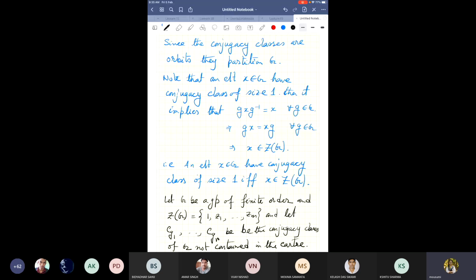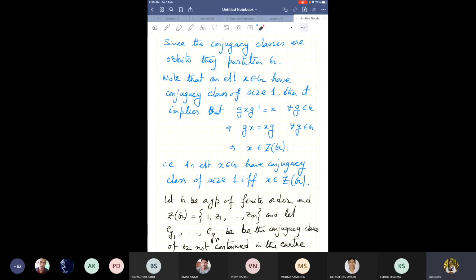That means these g1, g2, ..., gr are not elements of the center, because if these are elements of the center, then its conjugacy class will be of size 1. So I am writing all the elements of the center separately, and for those elements which are not in the center, I have found these are the only distinct conjugacy classes. Okay, and now what do we know?